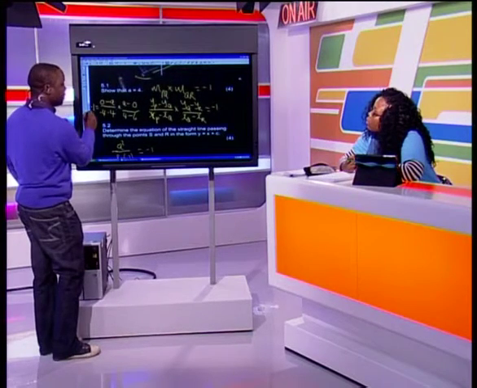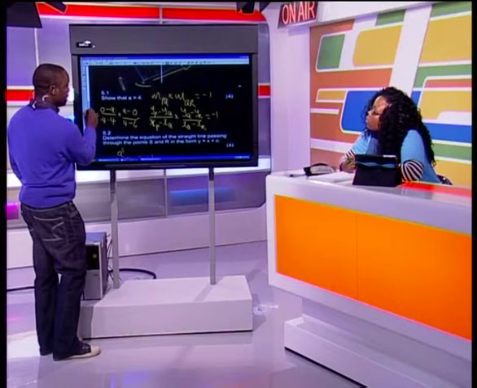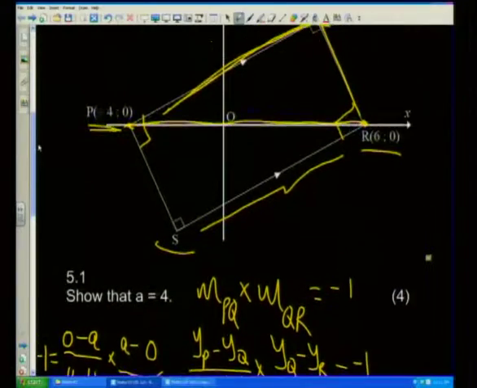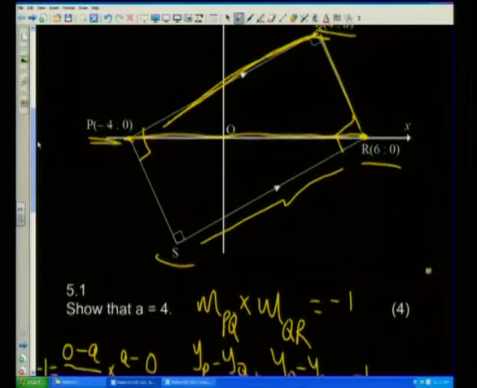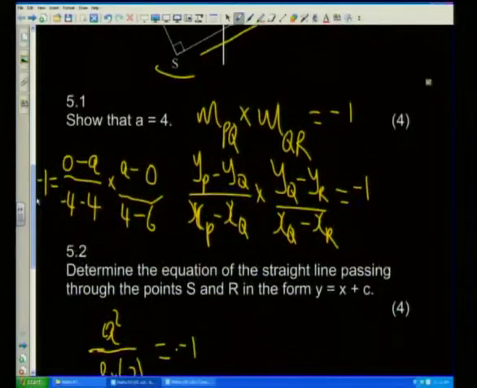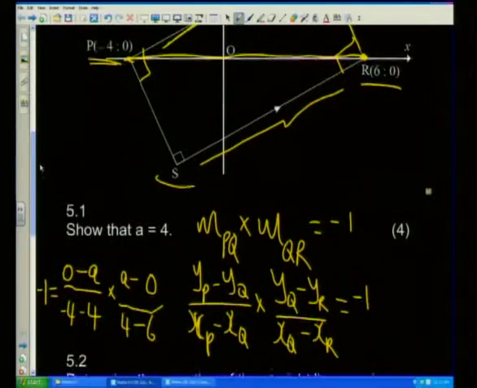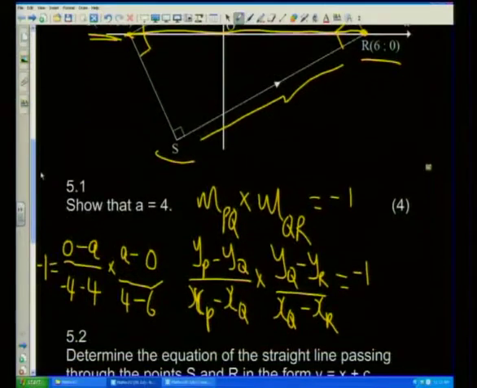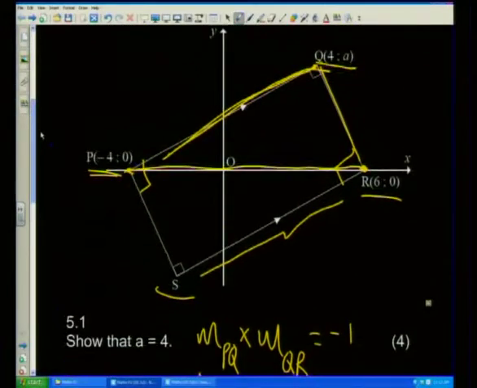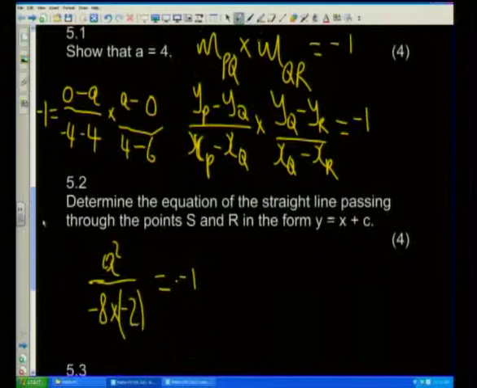Where did we get it wrong? XP was negative, and at Q, XQ is positive 4.